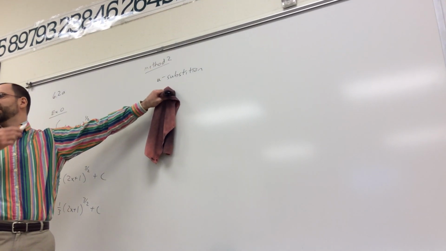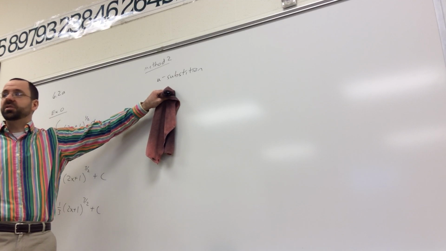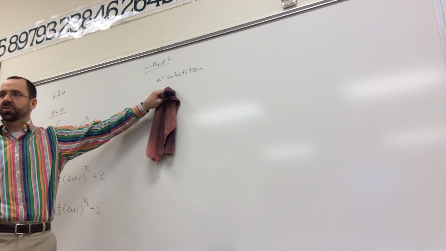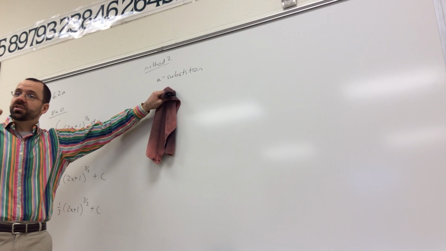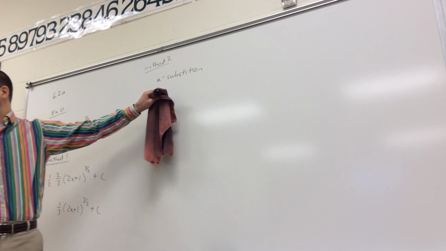So we know how to do this antiderivative. It's not too bad, but we're going to do it in a different way now, a method called U substitution. And then we're going to use this U substitution method on harder antiderivatives.